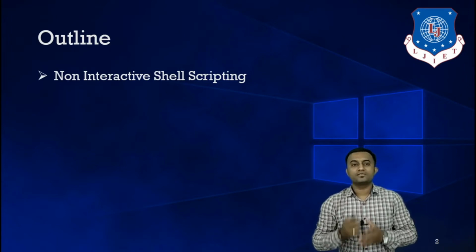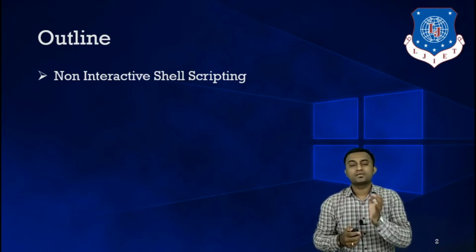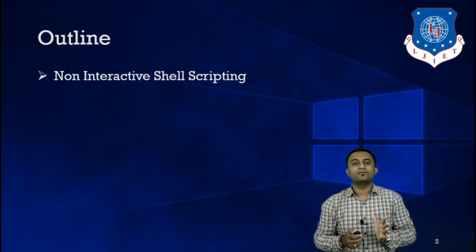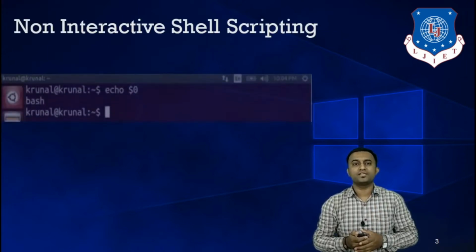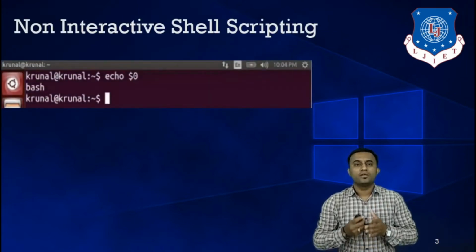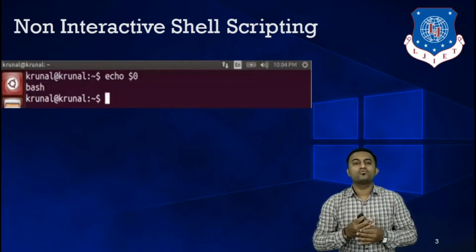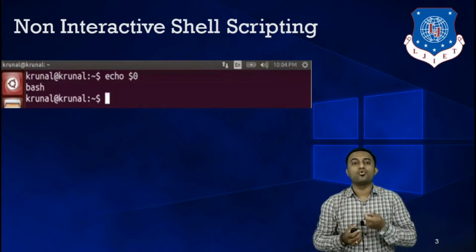Okay, so non-interactive means what? In this case, once the script is executing, human intervention is not required. So let us discuss non-interactive shell script. First of all, if you want to see in which shell you are right now, there is one command, echo.